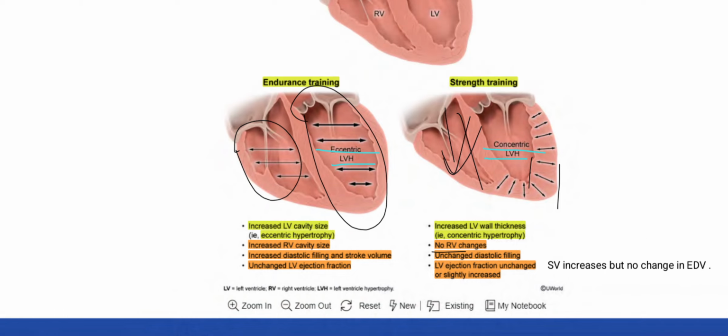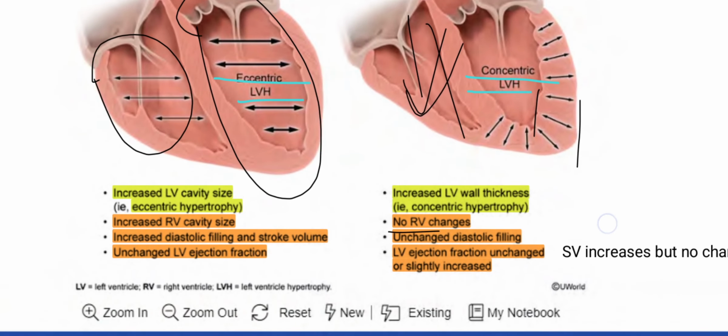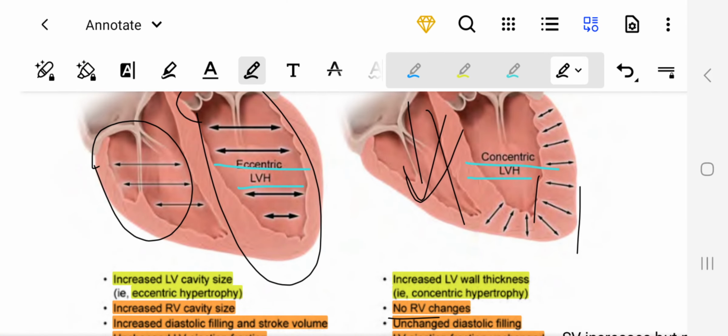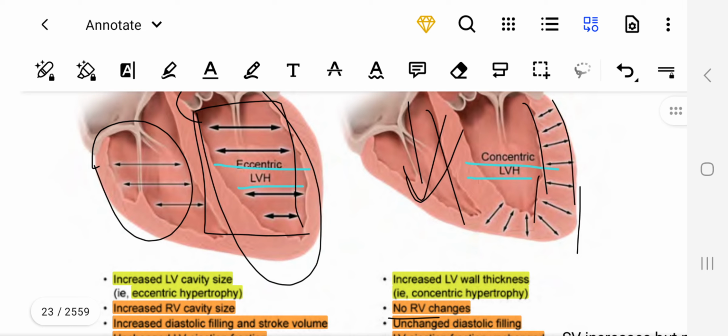In strength training, there is no change in diastolic filling because the wall thickness is increased. But in this case, because the cavity size is increased, there will be more filling, so the end diastolic volume will be increased, right?